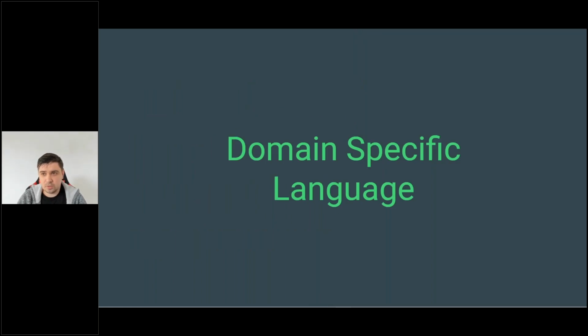One of the approaches to add readability to our UI tests is to create a domain-specific language, DSL, or very often it's also called a small framework for testing, because here terminology between QA engineers and developers is different.